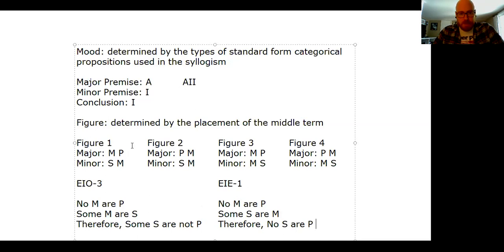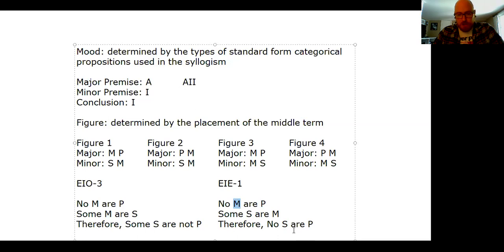Now, this is invalid, actually. There's another rule which says that any terms that are distributed in the conclusion need to be distributed in their corresponding premise. S and P are both being distributed in the conclusion. Well, P is being distributed here, the major term. M is being distributed here.